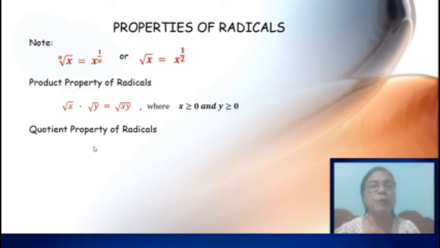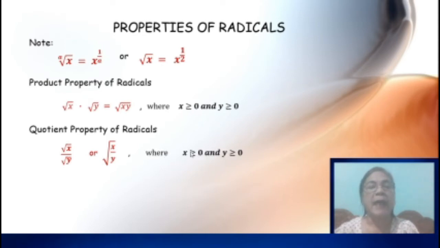Now, the quotient property of radicals: we have the square root of x divided by the square root of y, or that could be written as the square root of x over y. Take note of that. Okay?